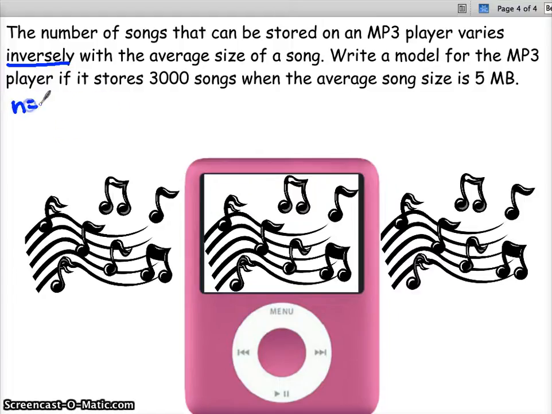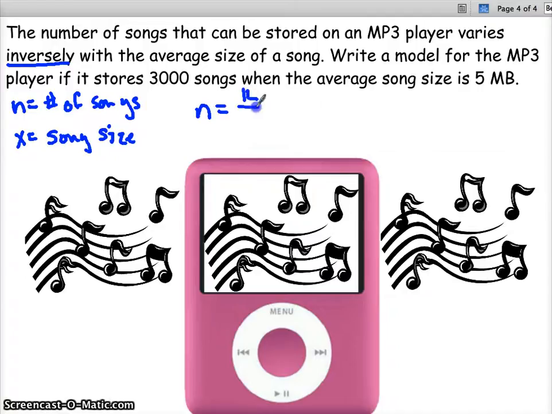First thing I would do is define what my variables are. Number of songs I'm going to define as n, and in order to save us from having to use s for actual song size, I'm just going to call it x. So song size will be x. And what this inverse idea says is that the number of songs varies inversely, right? So k divided by x.